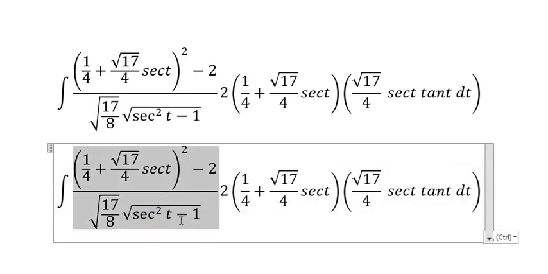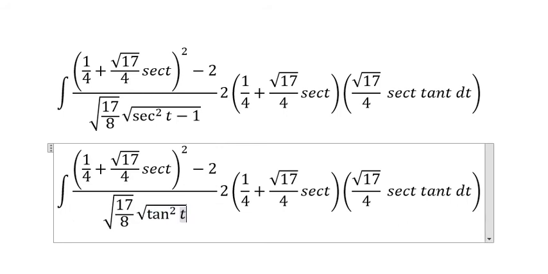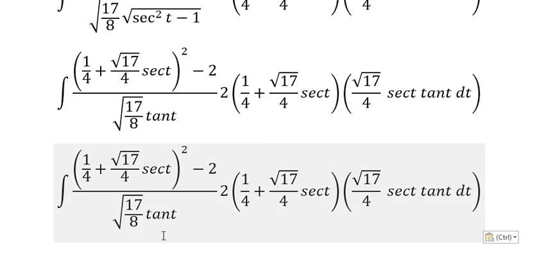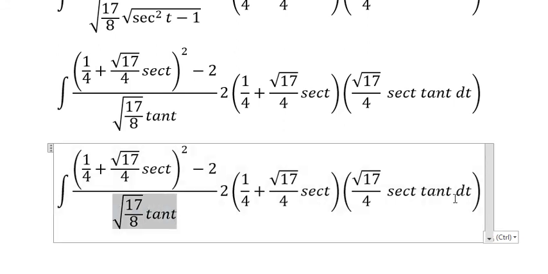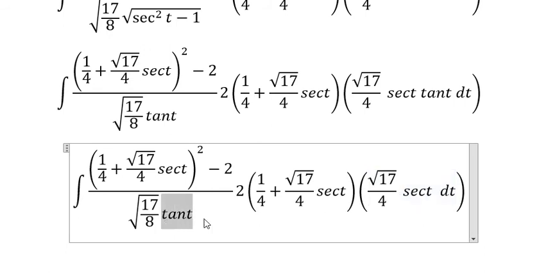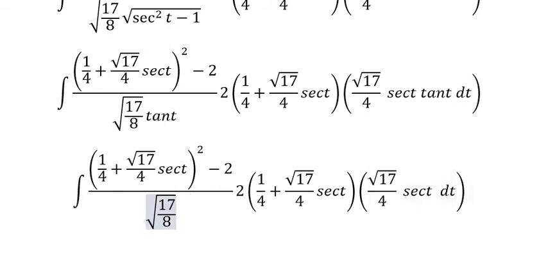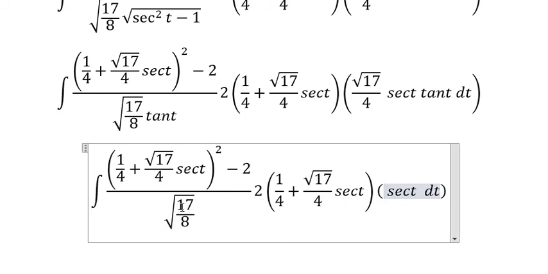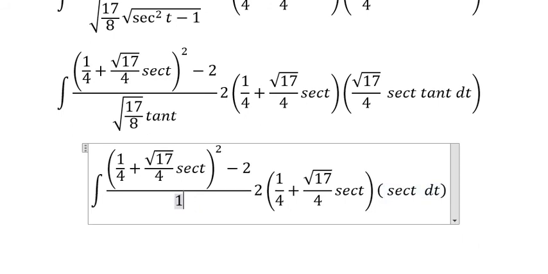This one you got tan t squared. The square root of tan t squared you got tan t. Now we need to simplify this one with this one and tan t. So you will got the square root of number 2 over 2 after we divide with this one.